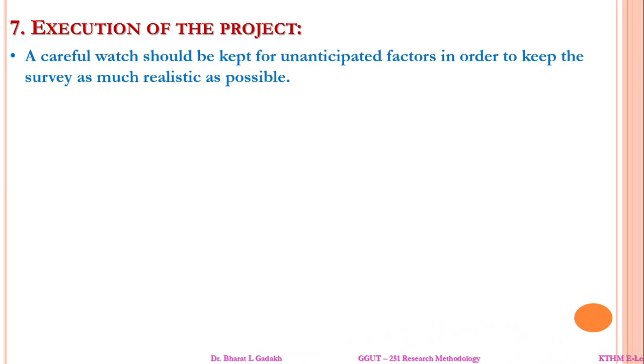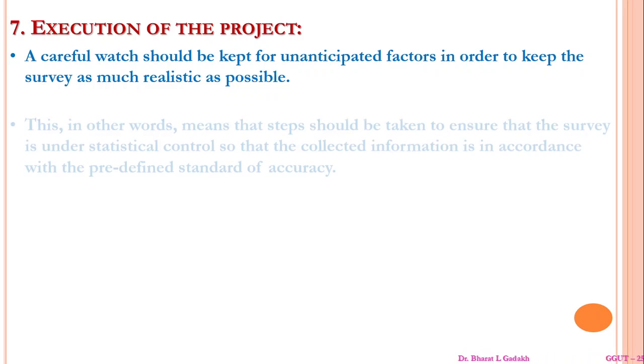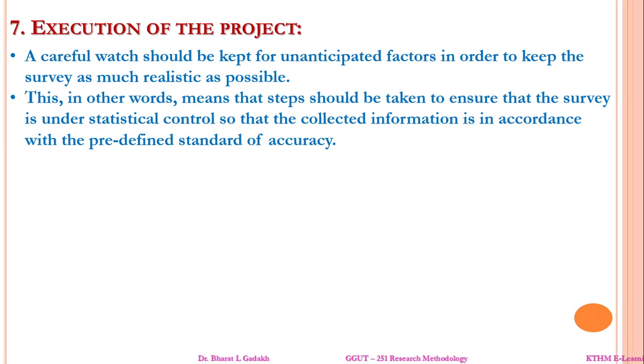Now, execute the project. A careful watch should be kept for unanticipated factors in order to keep the survey as realistic as possible. This, in other words, means that steps should be taken to ensure that the survey is under statistical control so that the collected information is in accordance with the predefined standard of accuracy.